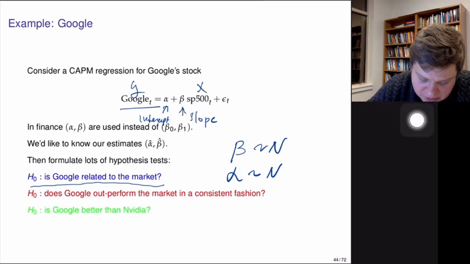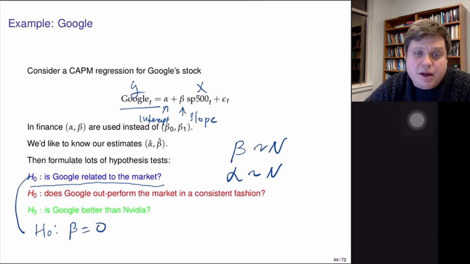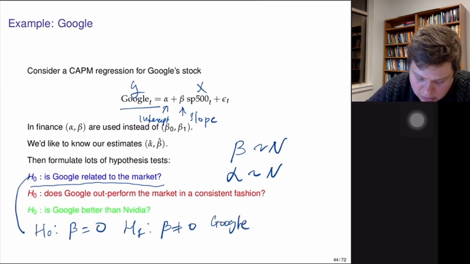So the hypothesis that corresponds to this question is beta equals 0. In our hypothesis, our status quo is that there is no relationship, and then we have to collect enough data to convince us otherwise. So the alternative hypothesis will be beta not equal to 0, meaning that Google is related to the market.